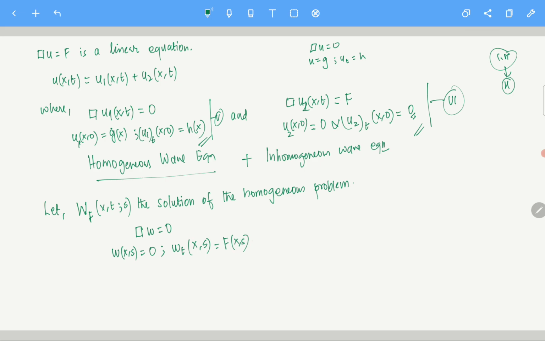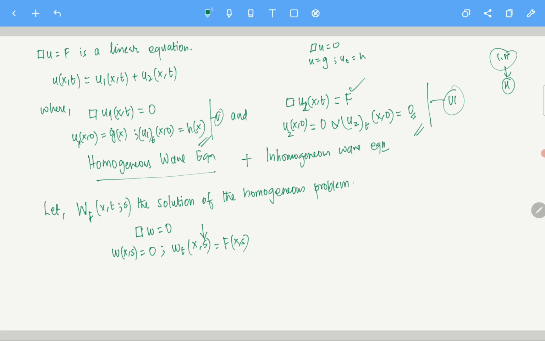So basically the source term capital F is getting converted to the boundary data here. So for every level t equals s, this is given by capital F.